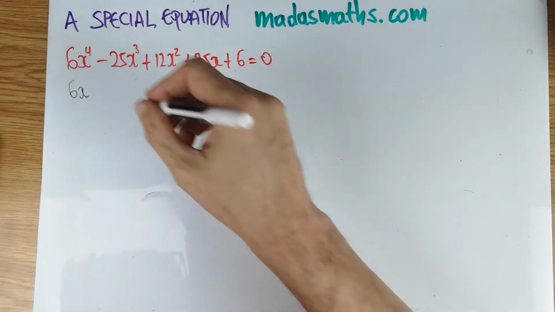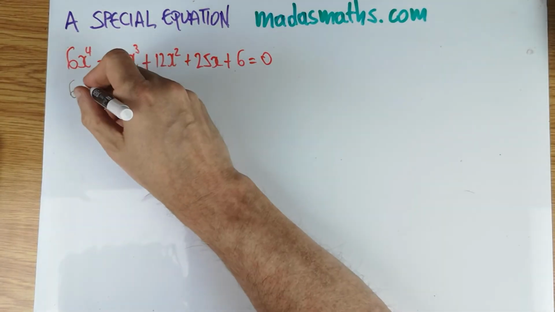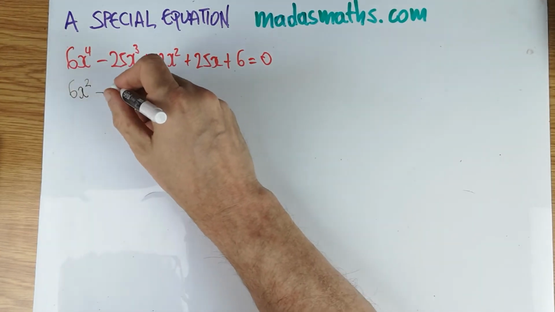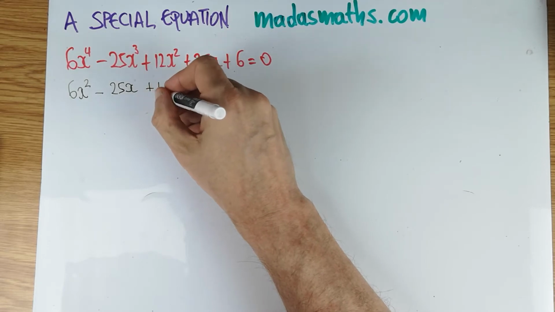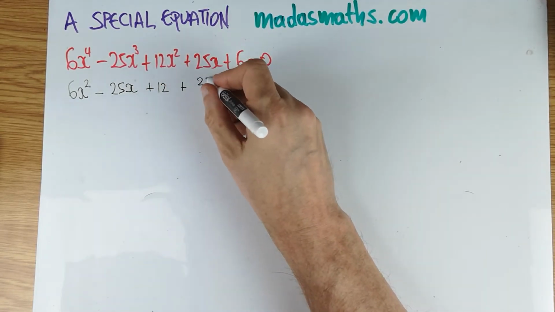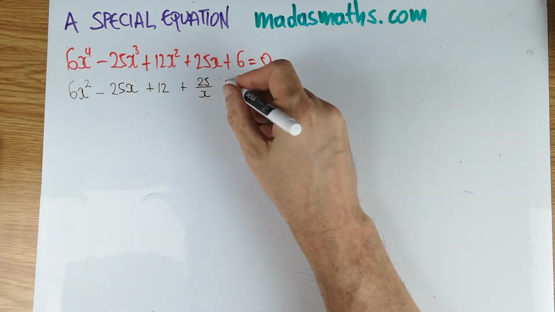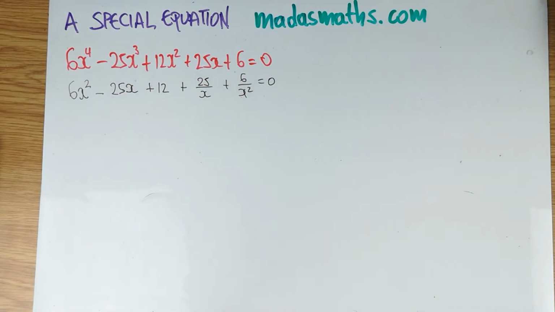And of course, x squared cannot be 0, because 0 is not a solution, since 6 is not equal to 0. 6x squared minus 25x plus 12 plus 25 over x plus 6 over x squared is equal to 0.